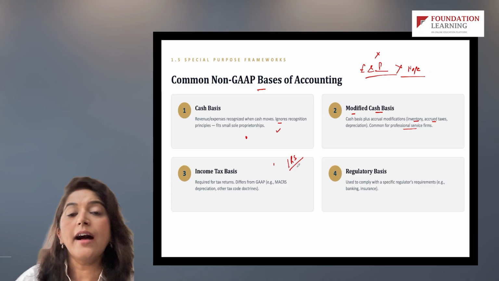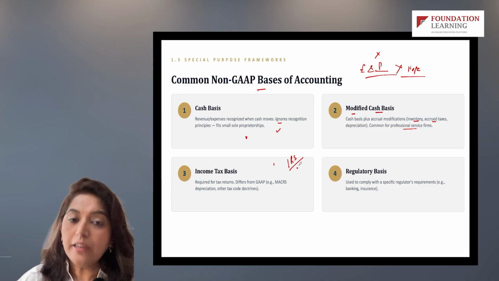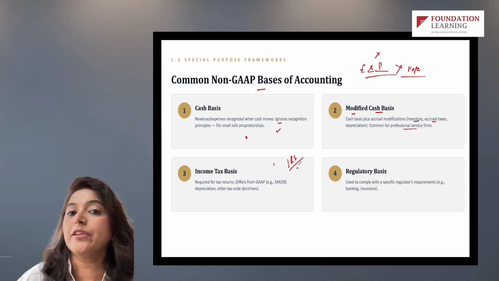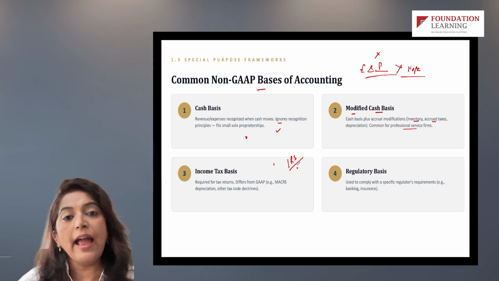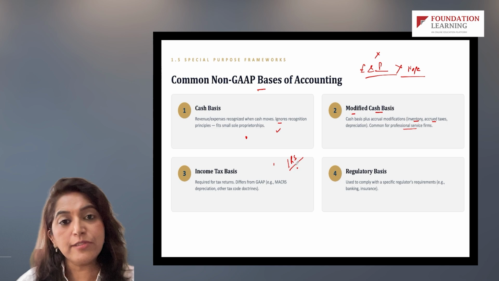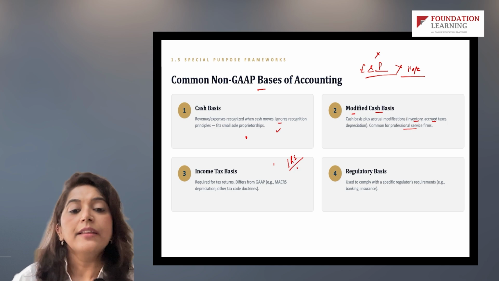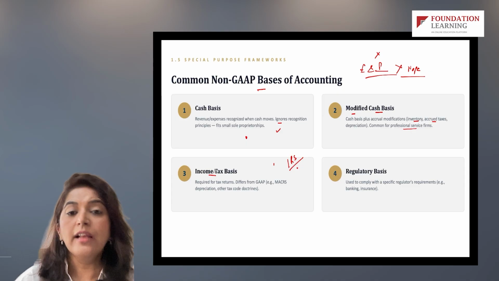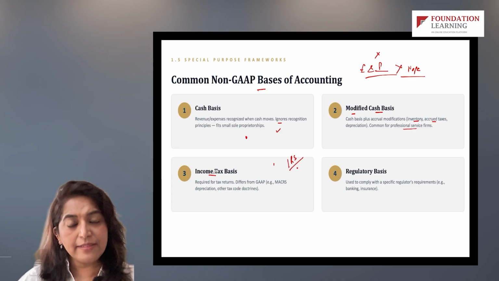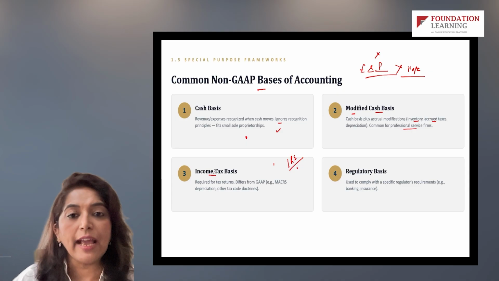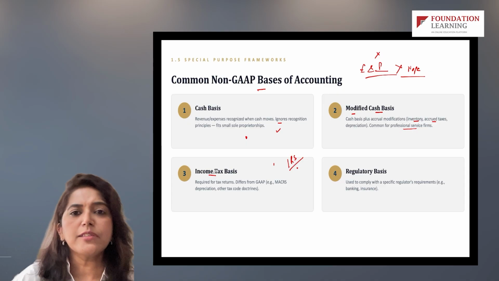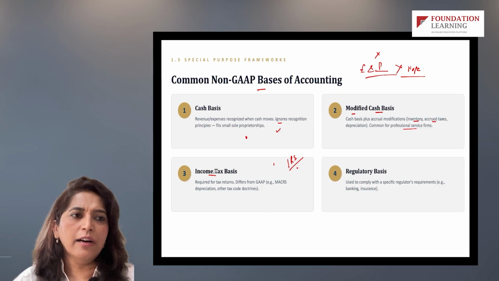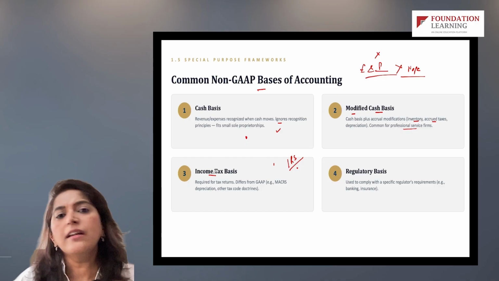So IRS asks for certain different application of principles as compared to GAAP, right? And if you are calculating the tax to be payable to IRS, the taxation has to be calculated using the tax basis, right? So we usually say that, you know, there are GAAP basis books and there are tax basis books. So tax basis books, there's very different treatment. Let's say for any provision, etc.